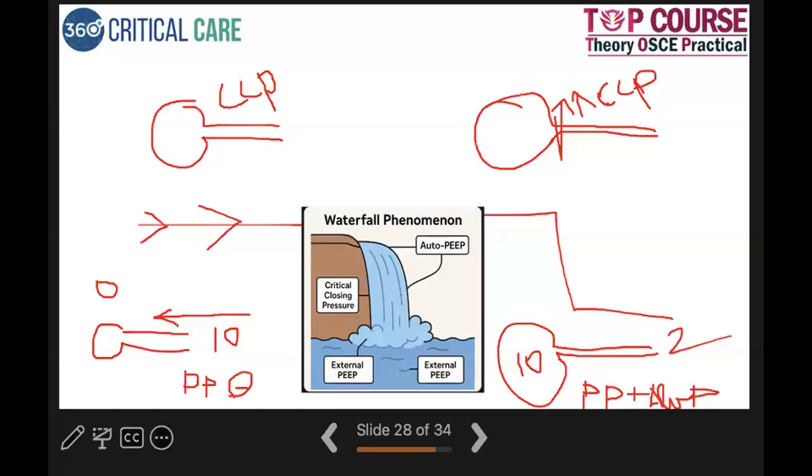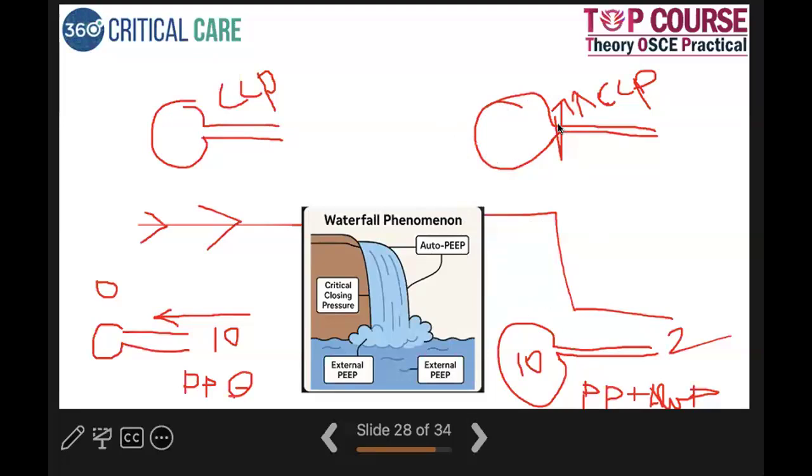So the critical closing pressure is too high, and the choke points play an important role in this high pressure where the airway just collapses. Okay, I want you to picture this. The alveolus with a bigger auto PEEP is the upstream part of the waterfall.